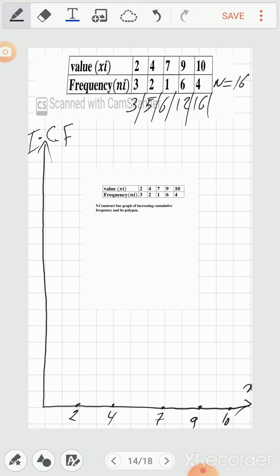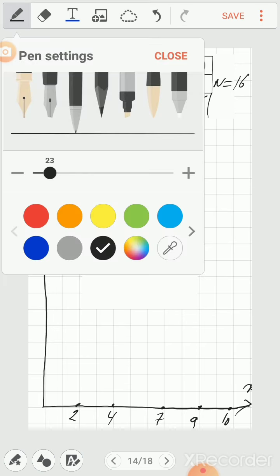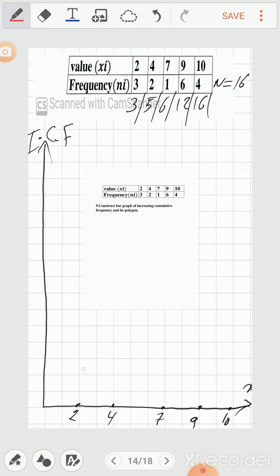Now construct. The height of 2 is 3. 1, 2, 3. Here 3 till here. The height of 4 is 5.